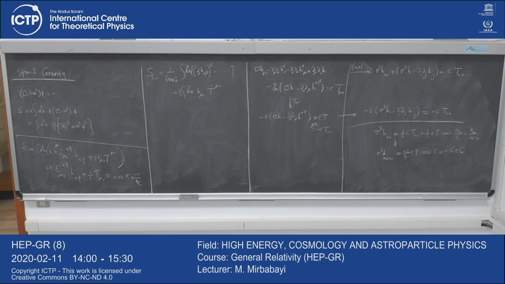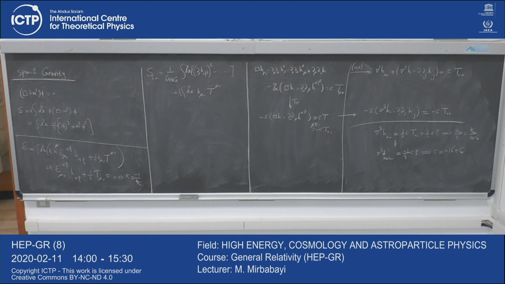Suppose that t mu nu is 0, then it means that we have an action only for the field itself. Yeah, you can have gravitational waves in vacuum for t mu nu matter equal to 0.